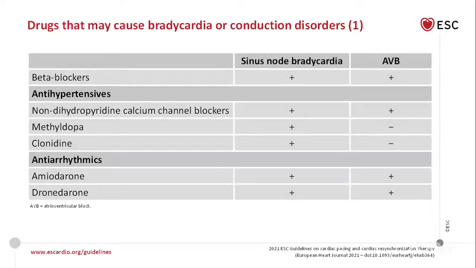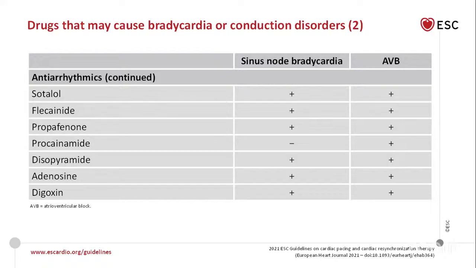We'll just look at some tables listing common drugs that could present with bradycardia, affecting both the sinus node and the AV node: beta blockers, so propranolol, atenolol, Concor, carvedilol, metoprolol, our non-dihydropyridine calcium channel blockers, verapamil, diltiazem. Most of our anti-arrhythmic drugs, amiodarone, all of them, patients on adenosine or digoxin for heart failure, you should be on the lookout for them.